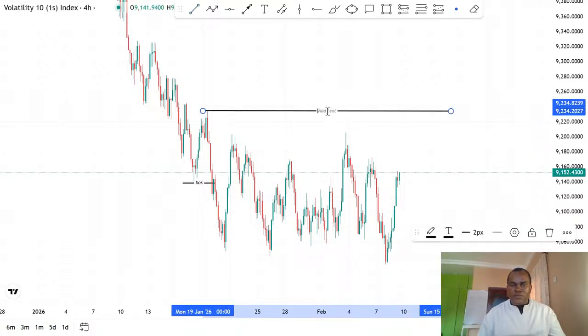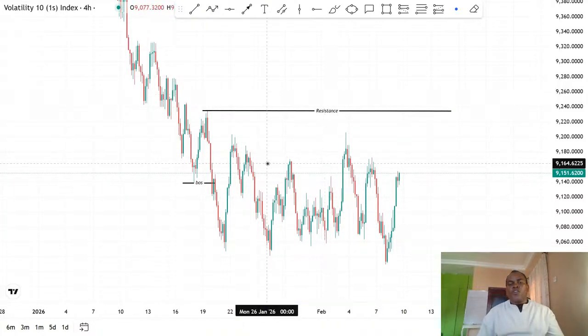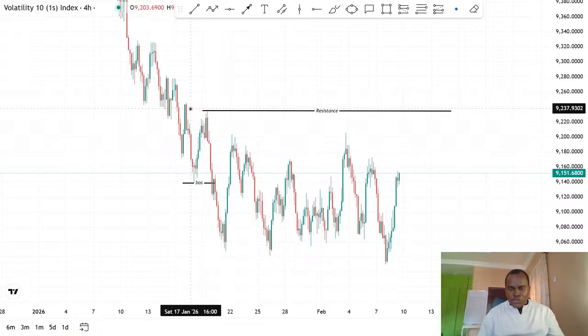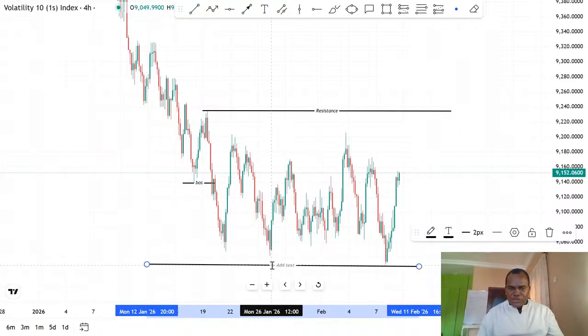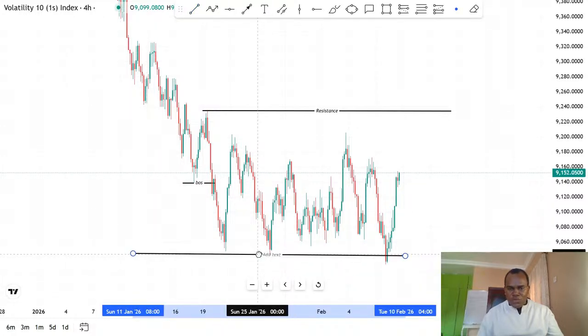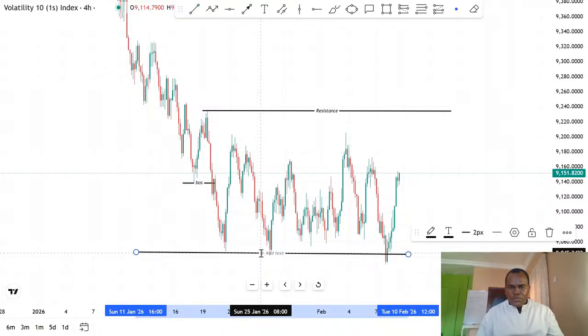Resistance is there. Now I have all of these internal structures. Then I had a sweep here sometime in the past. I had price come take out all of this low and give me a sweep.